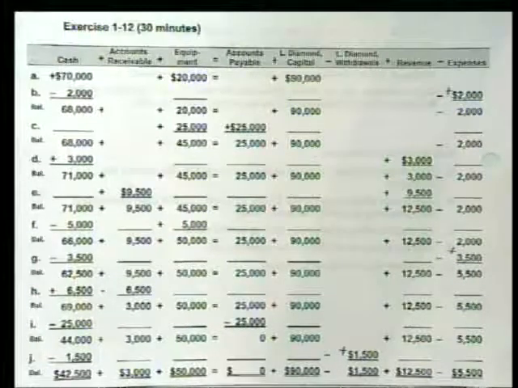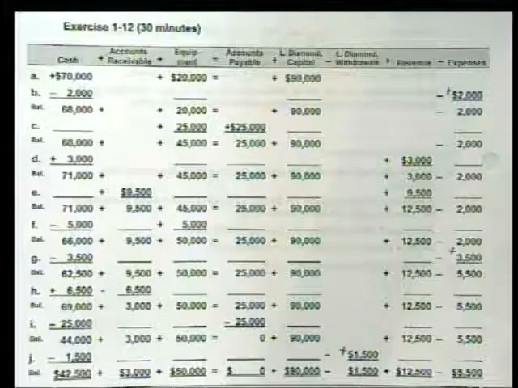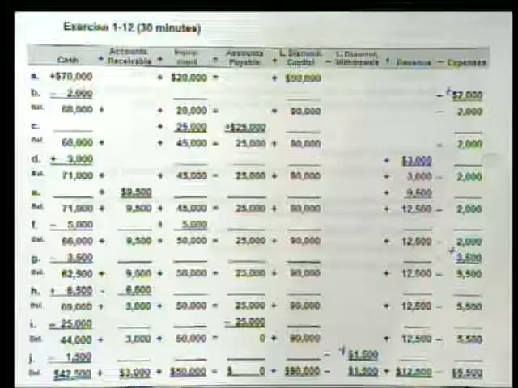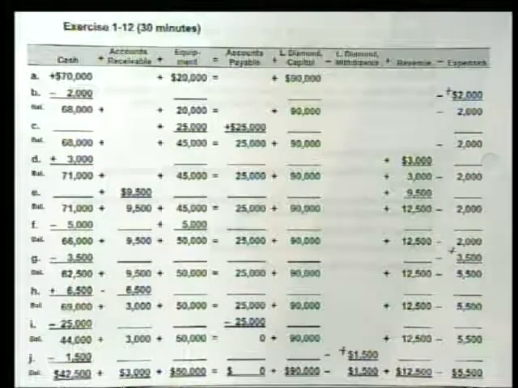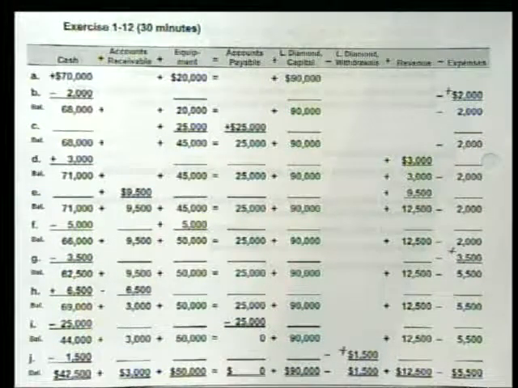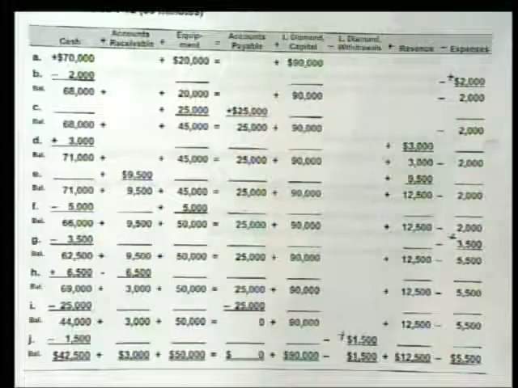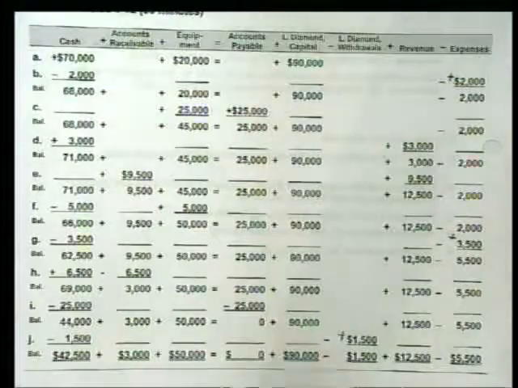No, you're looking at it from the company's perspective, not from the owner's personal life. You took $1,500 out of the company, correct? So it's minus 1,500, okay? Cool? And then they recompute the balances. Once again, you can see that the accounting equation remains valid. In other words, assets equals liabilities plus owner's equity. Cool? All right, questions on that?